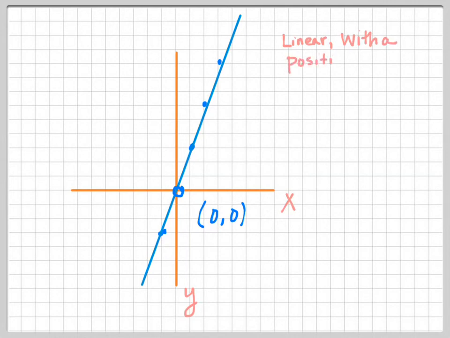Can you tell? It's 3, yeah, because we went up 3 and over 1, with a positive 3 slope. But it excludes the origin. And again, because it doesn't have that ratio 1 over 3.